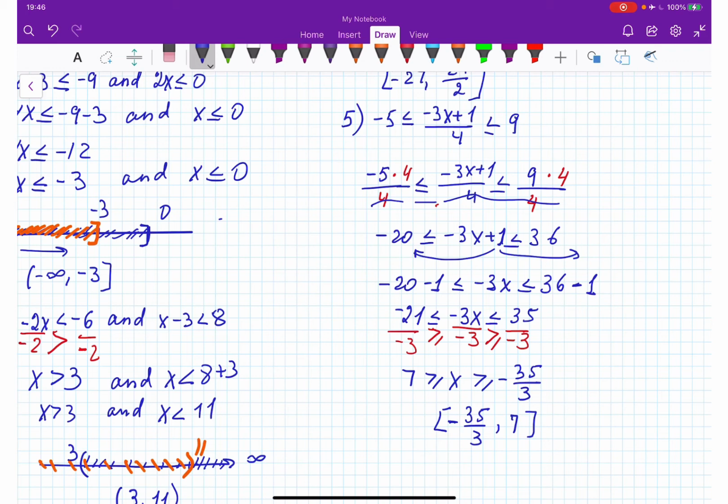Okay, this is how we get it. So we get 7 greater than or equal to x, and x greater than or equal to negative 35 over 3. Otherwise, I can write it the other way: x greater than or equal to negative 35 over 3, less than or equal to 7. That's all.